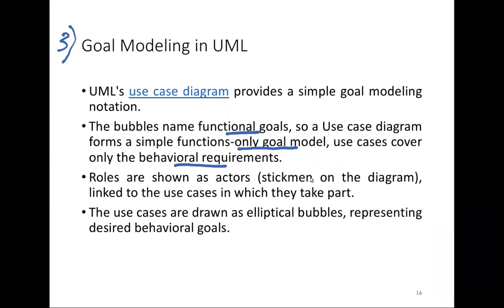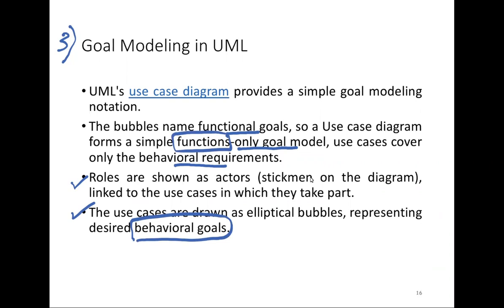In UML, the roles are shown as actors, which we have seen before as the stickman, on the diagram linked to the use cases in which they take part. And the use cases are drawn as elliptical bubbles representing desired behavior goals. So the focus of the UML is just on the behavior goals.